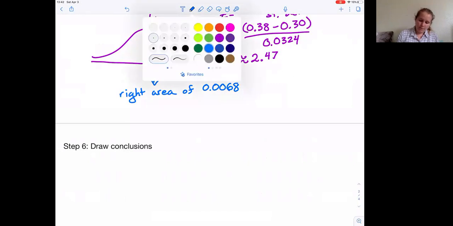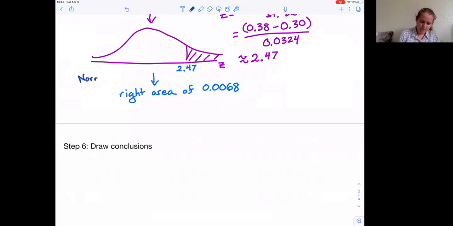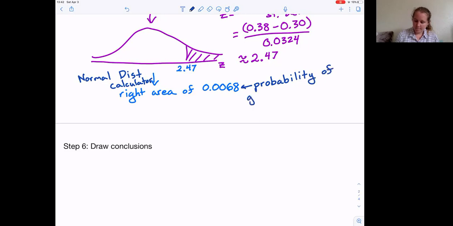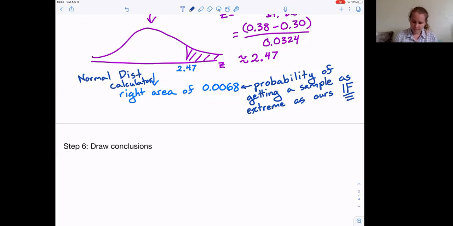So again, this was using that normal distribution calculator on Canvas. We had a right area of 0.0068. So this is the probability of getting a sample as extreme as ours if 30% of Bay Area community college students work full-time.